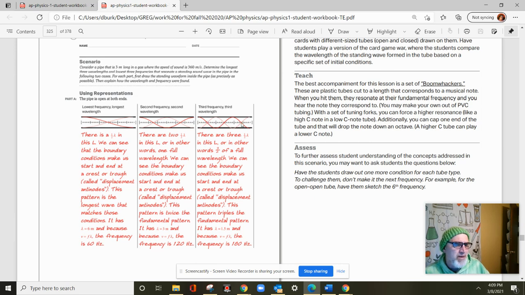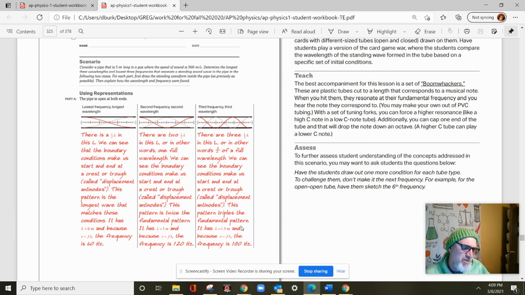And now we have to have 3 nodes inside the pipe for the next resonance. And so this would be 3 halves wavelengths, 3 halves of a full wavelength. So we can then, wavelength is 1.5. You divide 360 by 1.5. Is 180.